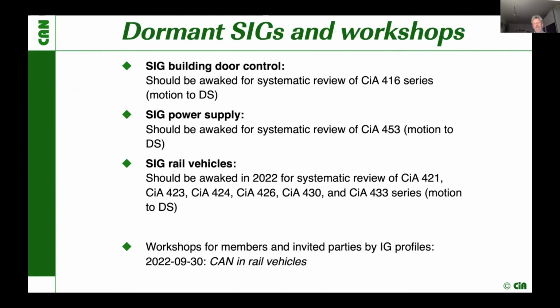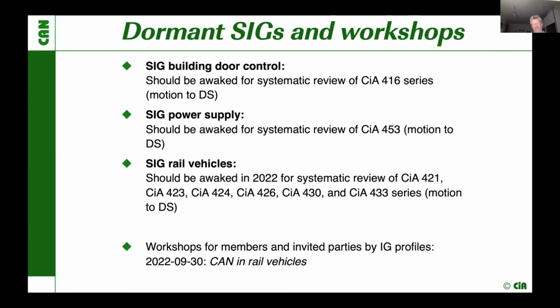The special interest group building door control is dormant and should be awakened sometime for a systematic review of the related CiA 416 series, which should be moved to draft specification. The SIG power supply is the same, and should be awakened so that we can move the CiA 453 device profile for power supplies to the draft specification status.